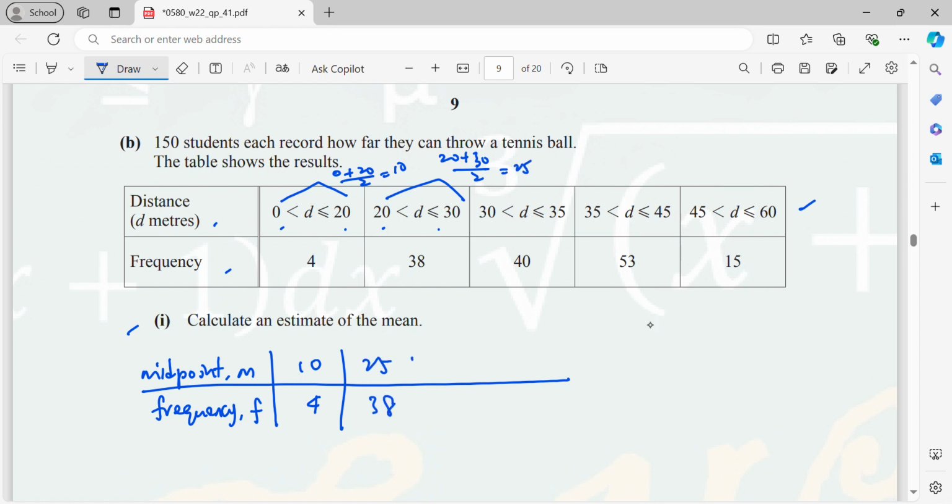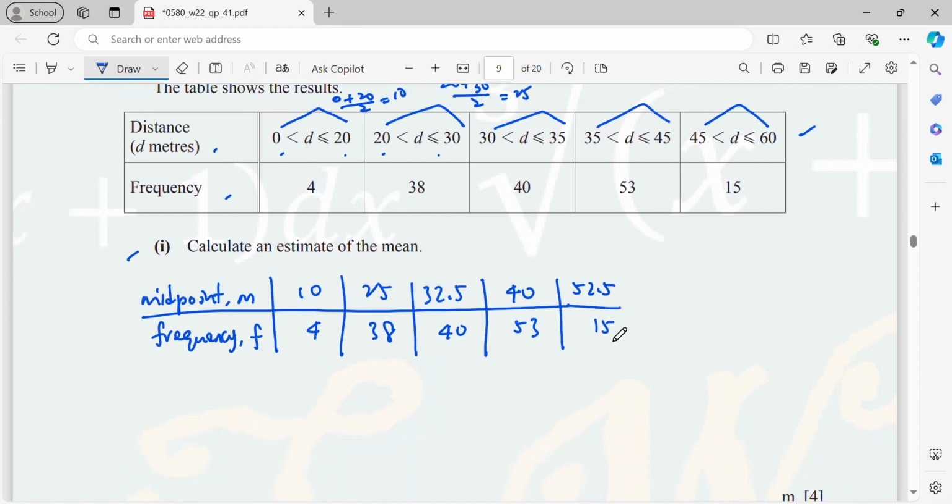Then the frequency is 38. Then you will be getting 32.5 and the frequency is 40. After that, 40 and 53. Then the last midpoint will be 52.5. Frequency is 15.